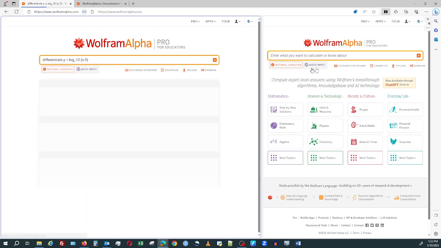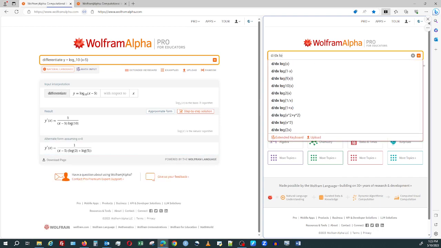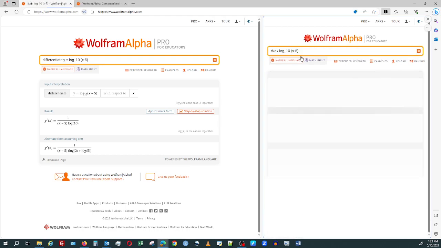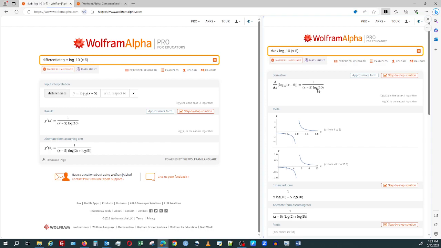Okay, and over here we can do it this way as an expression, d/dx of log base 10 of x − 5. So there we get the same thing, x − 5 and log 10. So you can go through and check it that way, which is a good thing to do.